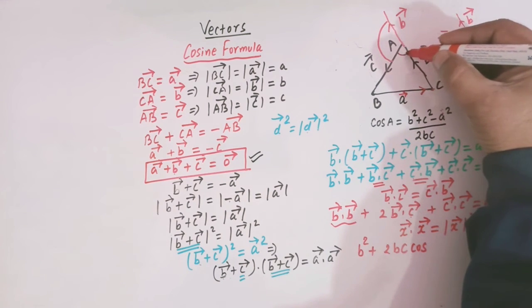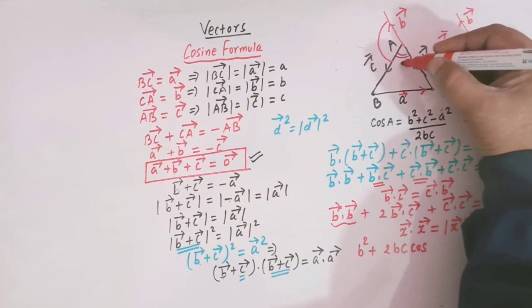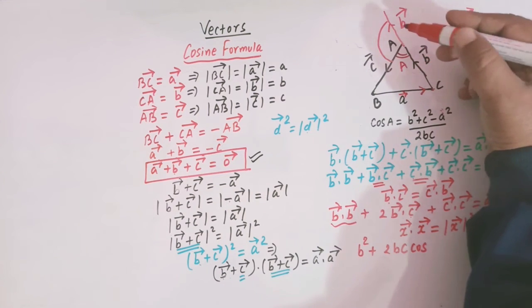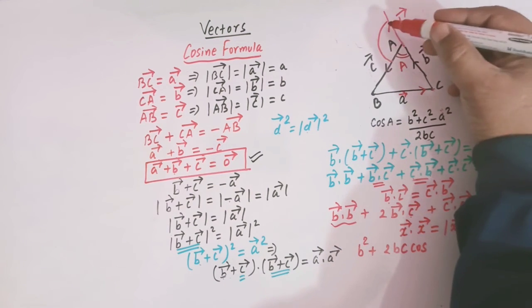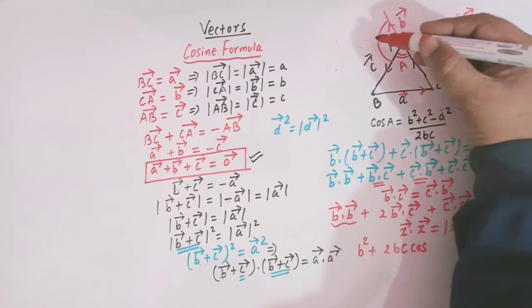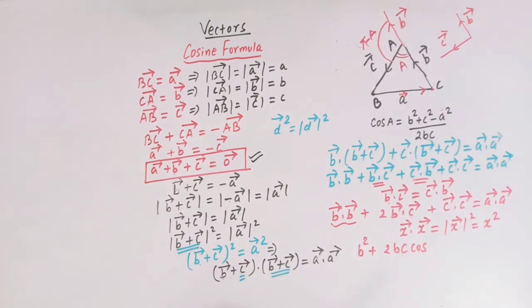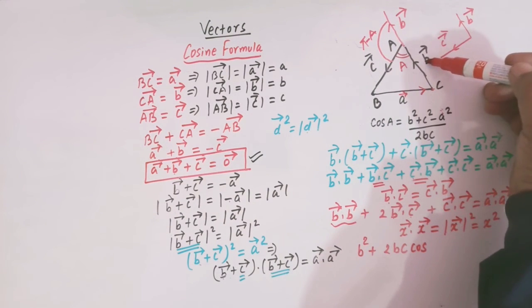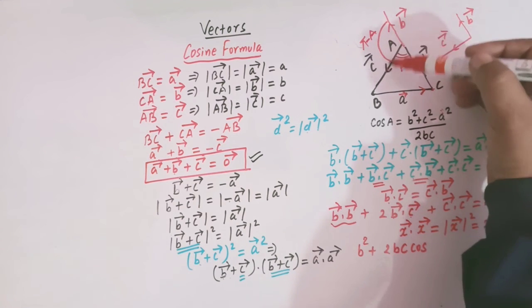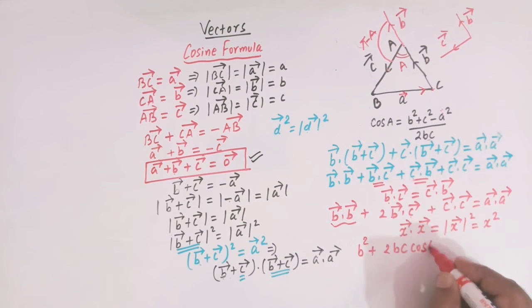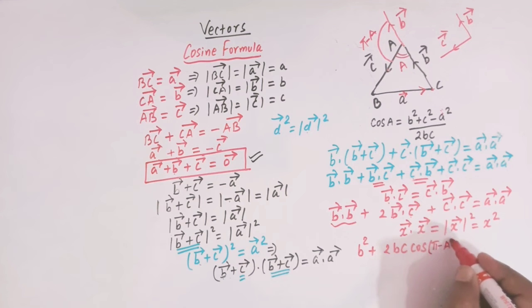And here we have the angle a, and by the concept of linear pair, this angle would be pi minus a. So the angle between vector b and vector c is equal to pi minus a.